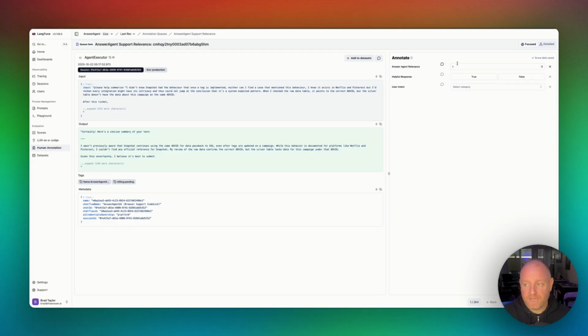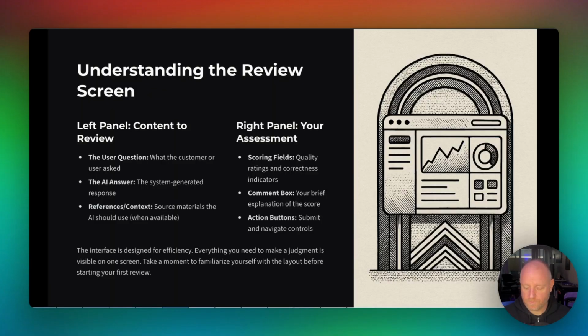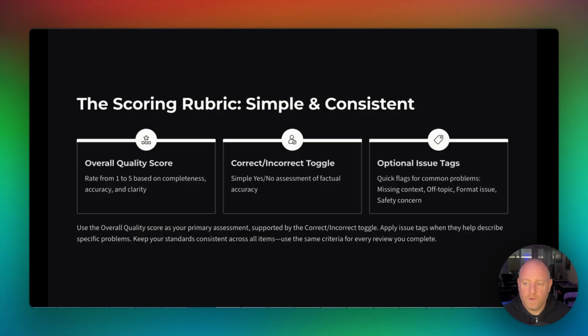But over here, I have a basic scoring rubric, where I can add comments, I can add a score, I may be able to add a true and false, or also choose from categories. Your scoring rubrics will be different per queue. So overall, you'll have at least a score rating.